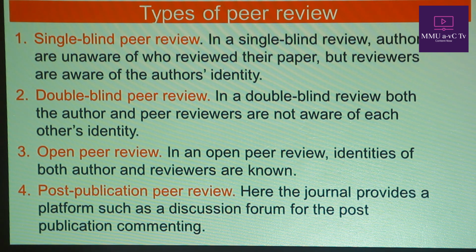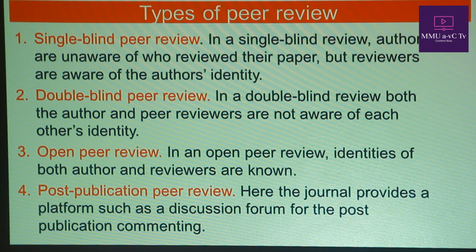The third type is what we call the open peer review. In an open peer review, identities of both author and reviewers are known. So if I am the author and you are the reviewer, all of us will know each other and we shall work together.